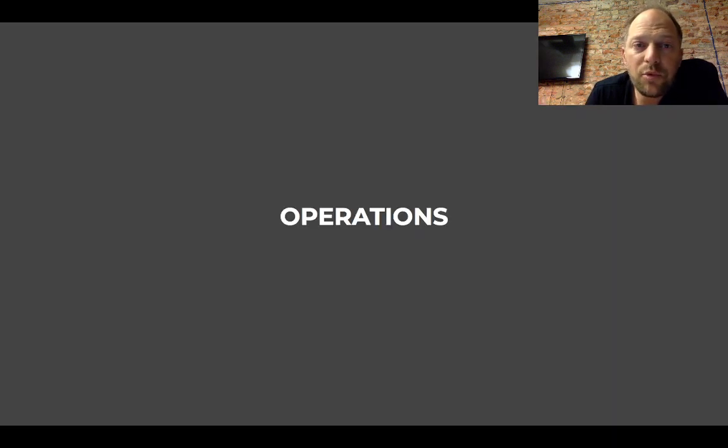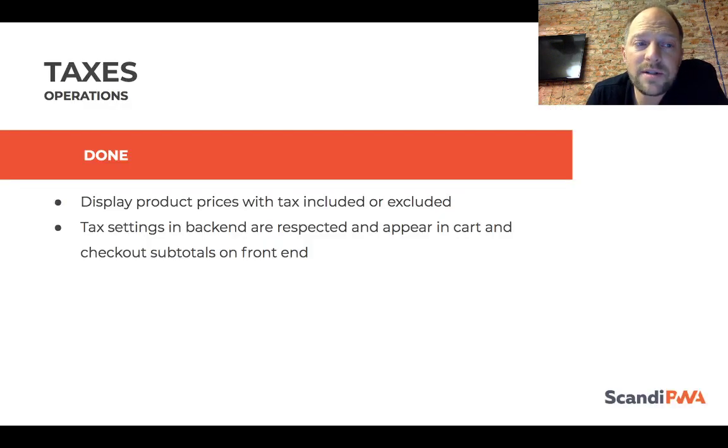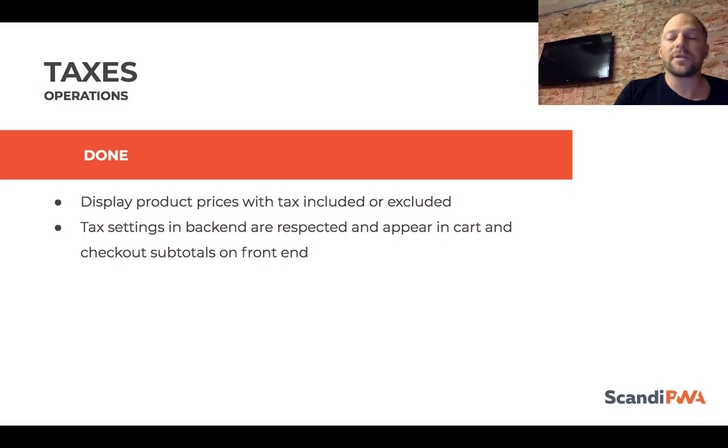Operations are pretty short because in general, in operations, multi-store and hierarchy are described, but we already touched upon it. Tax is fully supported, and you can display product prices with tax included or excluded, and tax settings in the backend are fully respected and appear in cart and checkout subtotals on the front end.